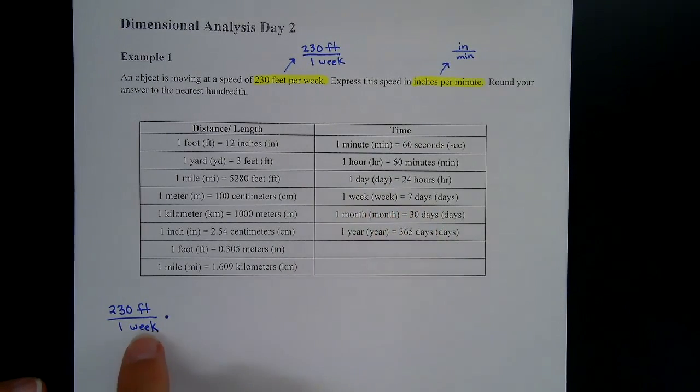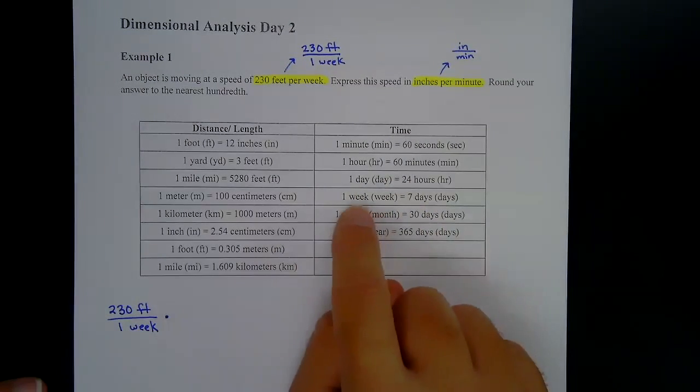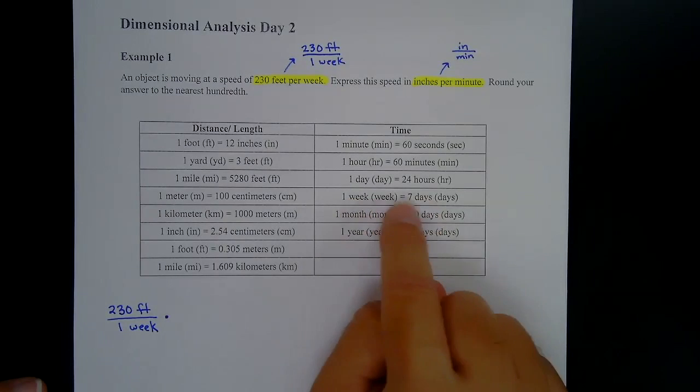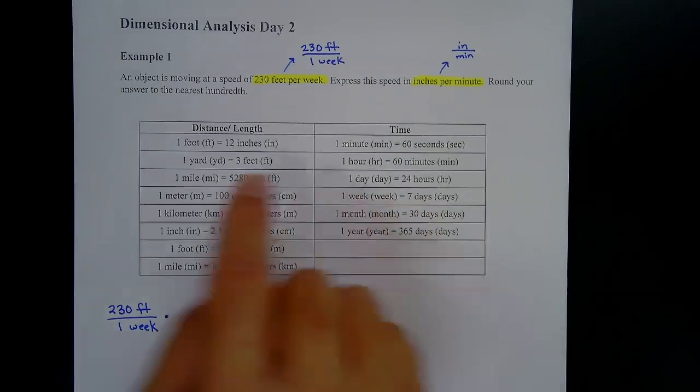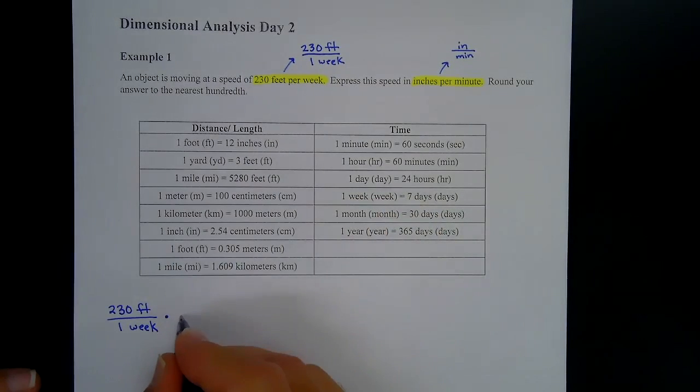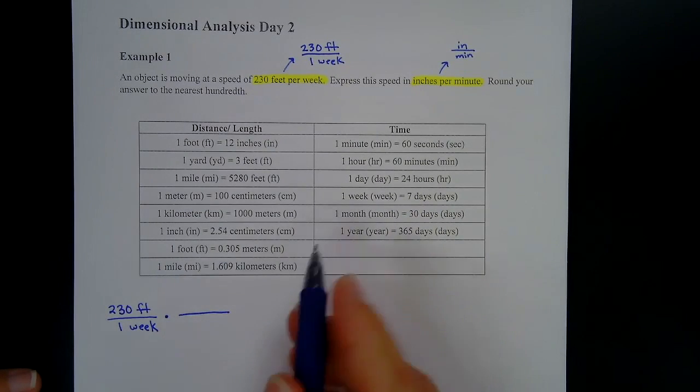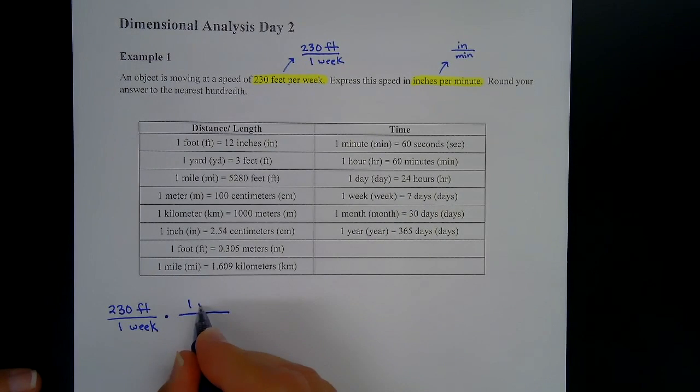Now, I want to cancel weeks, and right now weeks is on the bottom. To cancel it, I need weeks on top, and I know 1 week and 7 days are the same thing. So I'm going to multiply by 1 week over 7 days.